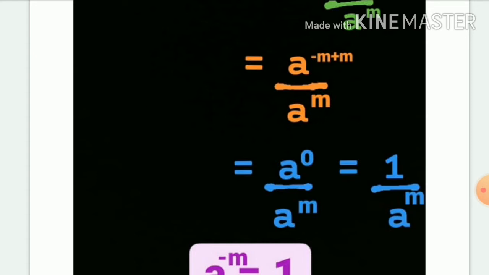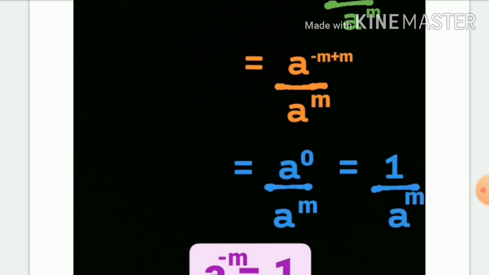Now you have learned in the previous law that a raised to 0 is equal to 1. So in place of a raised to 0, I am writing 1, because just now we have learnt in the third law that a raised to 0 is equal to 1. And a raised to m we write as it is. So this now becomes 1 upon a raised to m.